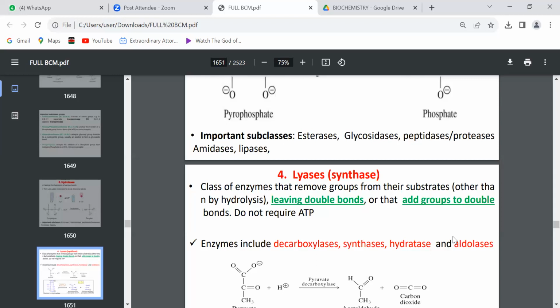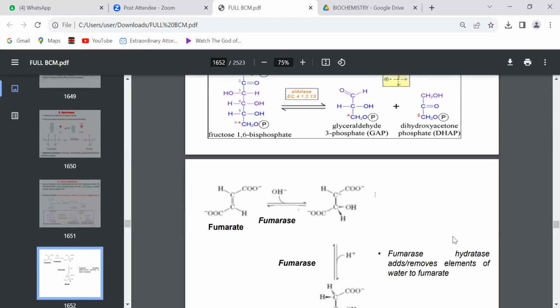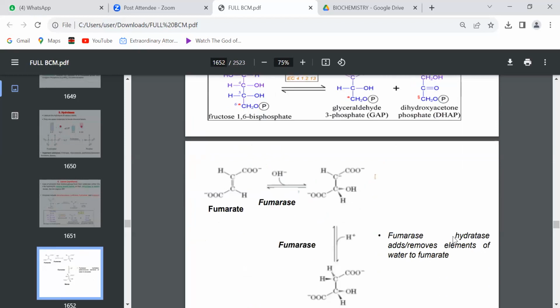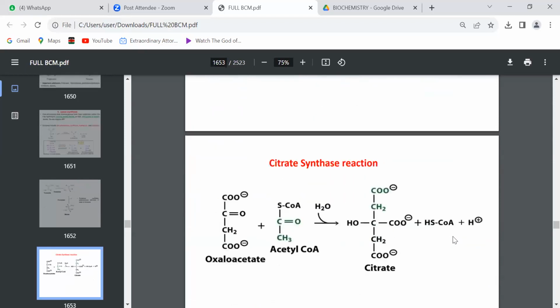These ones are involved where they remove groups, but there's no water involved in the whole reaction. So subclasses are like the fumarase, maltases, yeah.